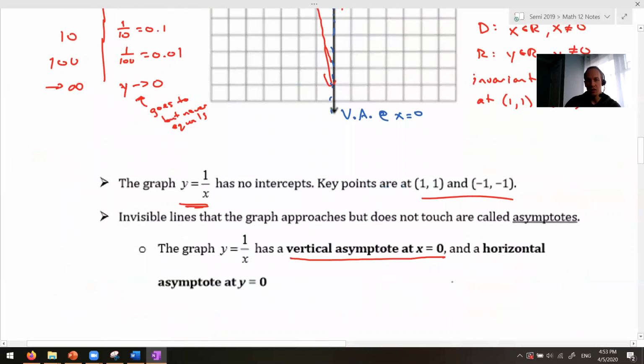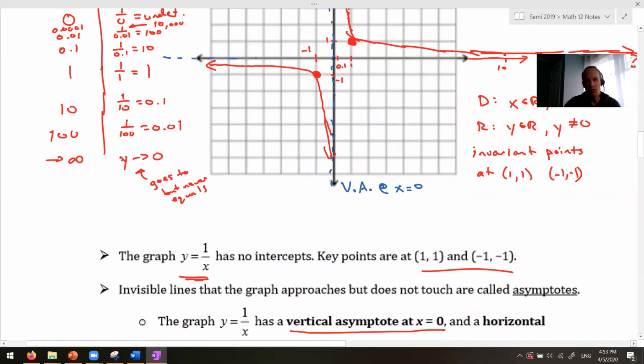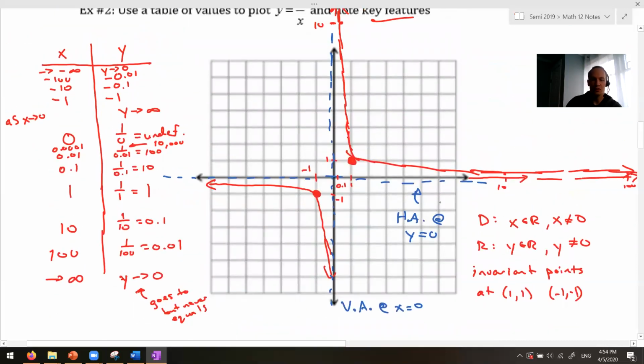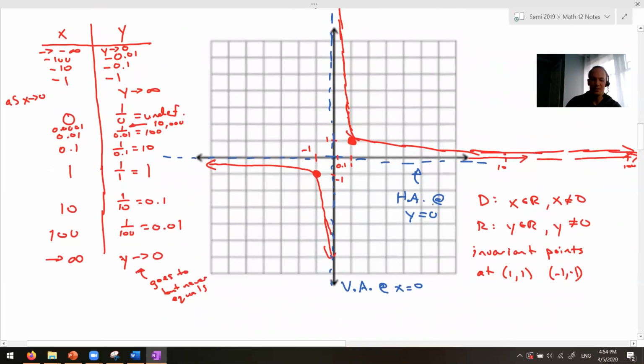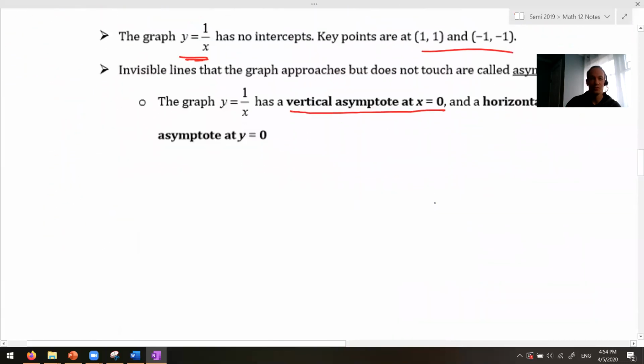And I can also say there's a horizontal asymptote at y equals 0, because horizontally, this graph never actually crosses the line y equals 0. So I'm going to say HA for horizontal asymptote at y equals 0. Okay, so those are asymptotes. They're pretty simple. The graphs get really close to it, but they don't actually ever touch it. And I did mention it's possible sometimes for it to touch, but that will be covered a little later.